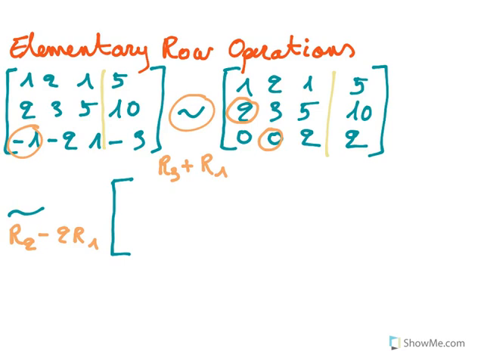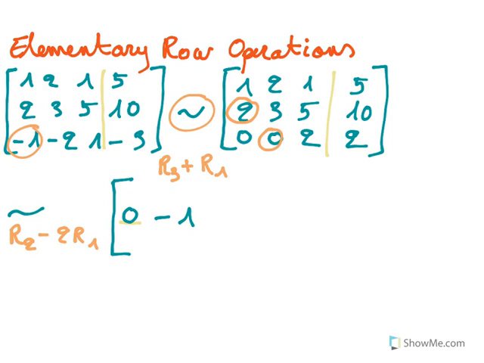So what happens to the second row? Well, the first element, the first number, there we get 2 minus 2 times 1, so that's 0. And that's, of course, exactly what we wanted. On the second place, we get 3 minus 2 times 2, so that's 3 minus 4, so that's minus 1.